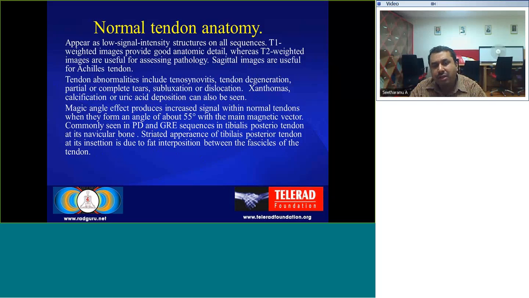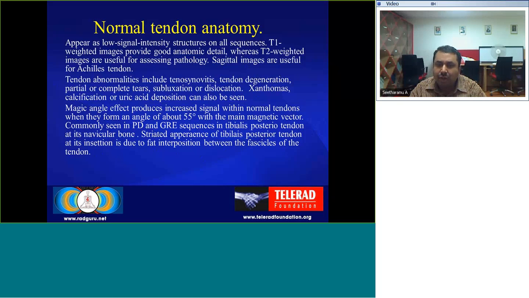The various tendon abnormalities include tenosynovitis, degeneration, tears, subluxation or dislocation. Subluxations are more common in the peroneal group. Other abnormalities like cholesterol crystal deposition as seen in xanthomas, and calcification or uric acid deposition as seen in gout, can also be seen.